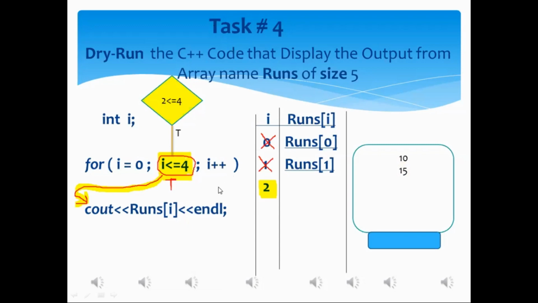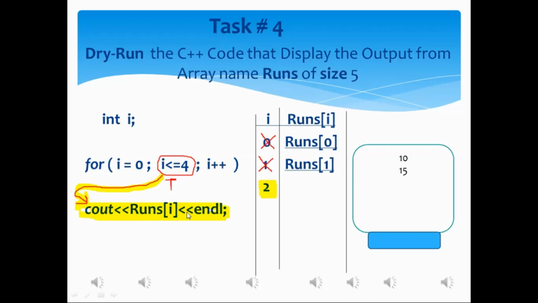Before executing this cout statement, that is the for loop associated statement, we need to look at the cout statement over there. We have specified an address of the array named runs.